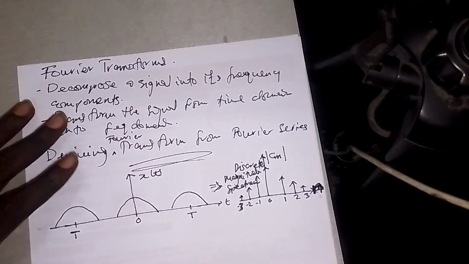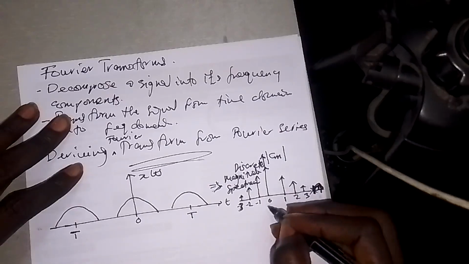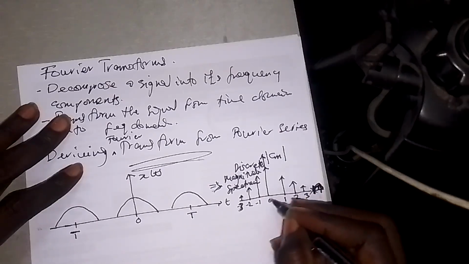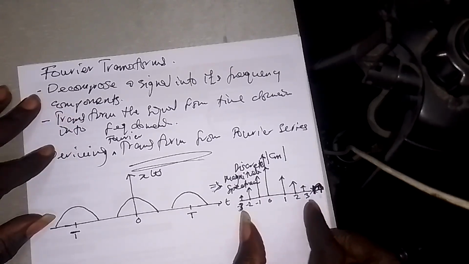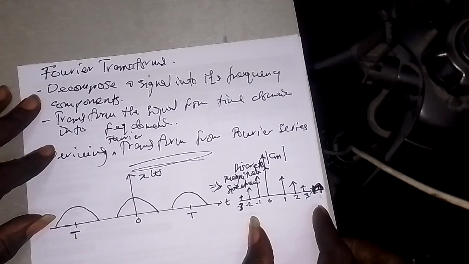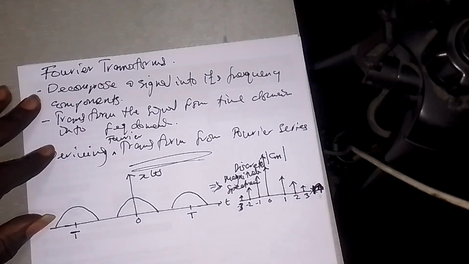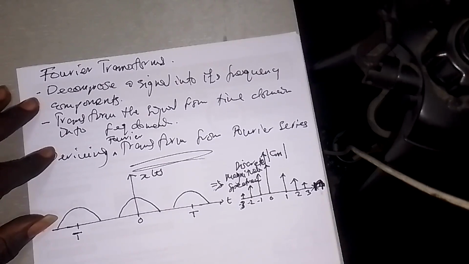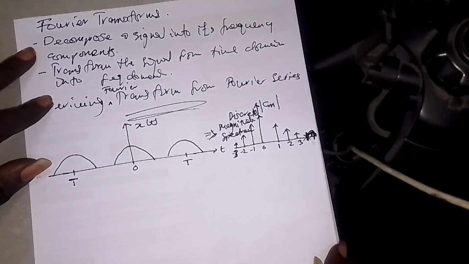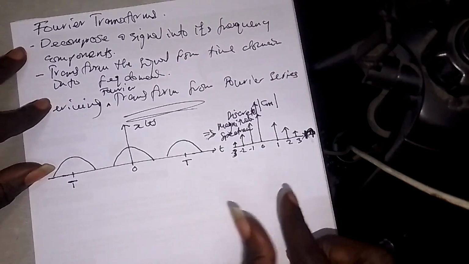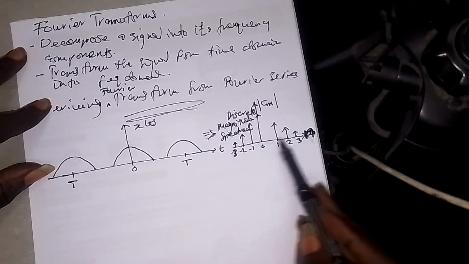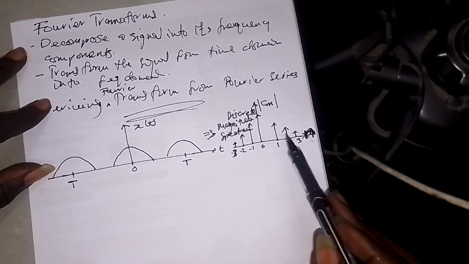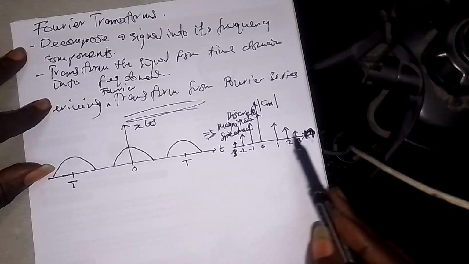Here is how it can be done. Let's imagine that this discrete magnitude spectrum, or discrete frequency spectrum, occurring at specific instances, is squeezed together.